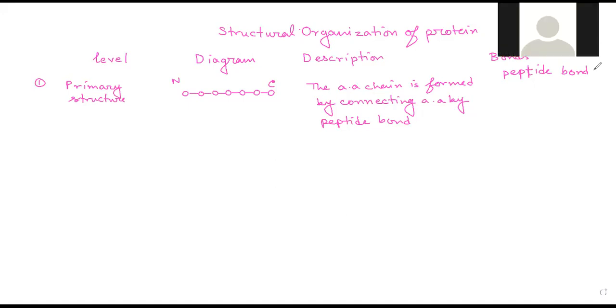Ma'am, ionic and covalent. So the peptide bond is basically a covalent bond. But this type of covalent bond formation is specially found in the case of protein. We call it the peptide bond.